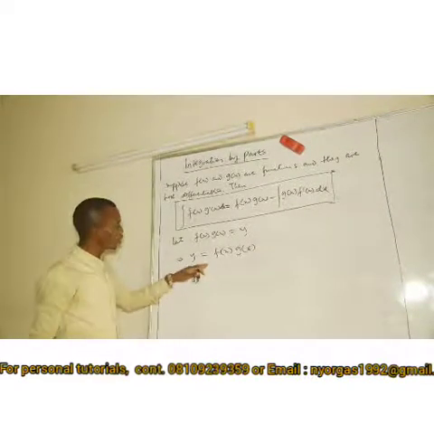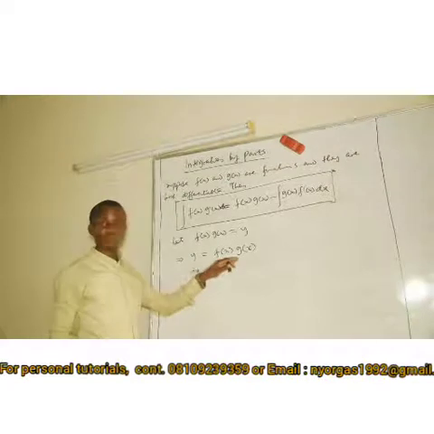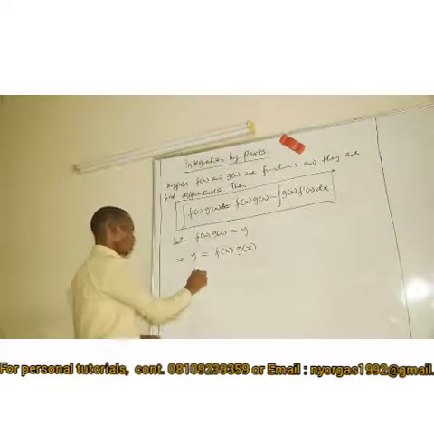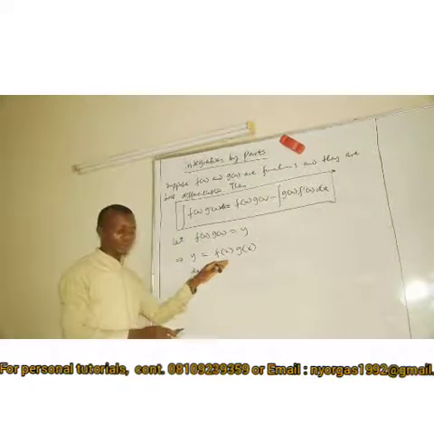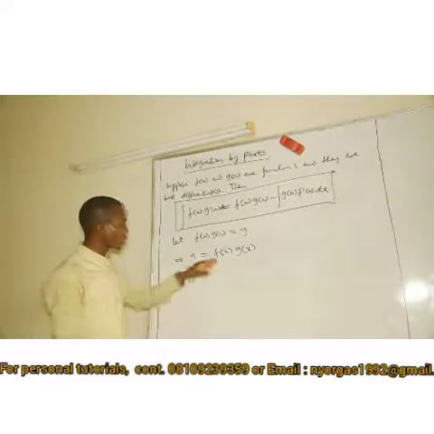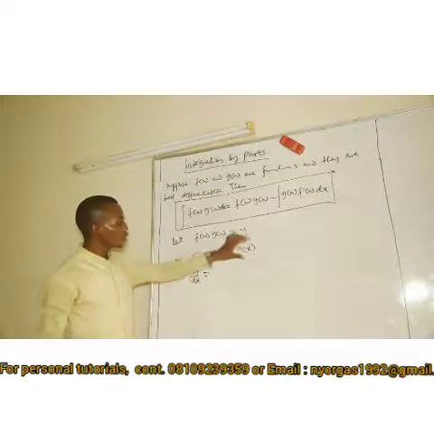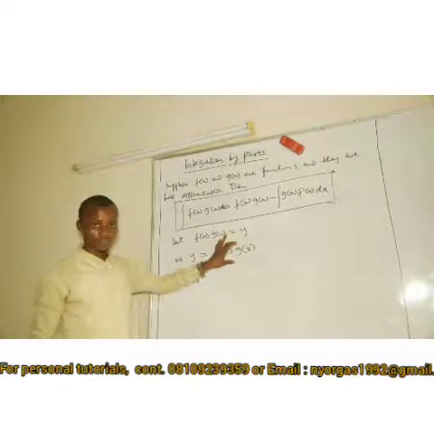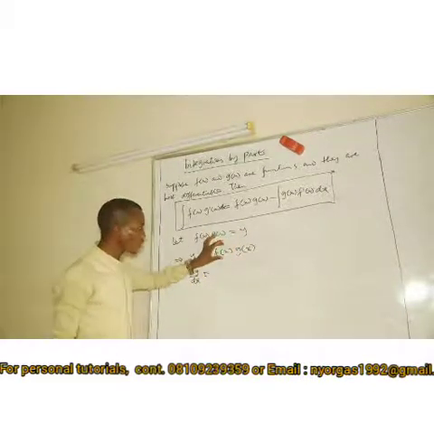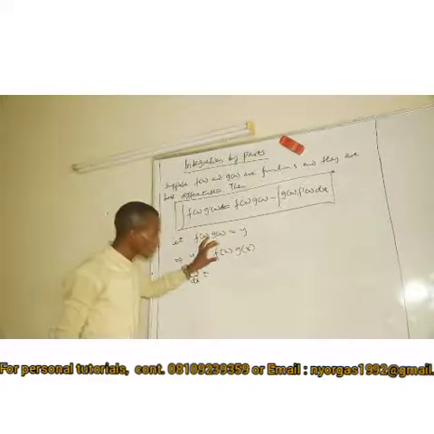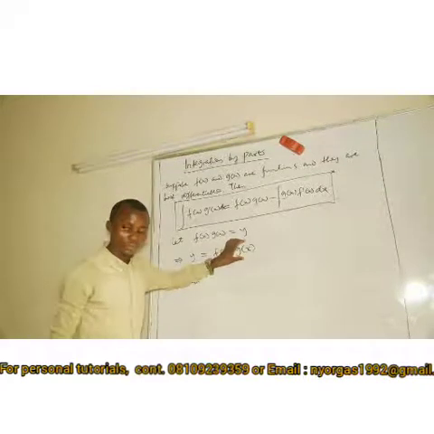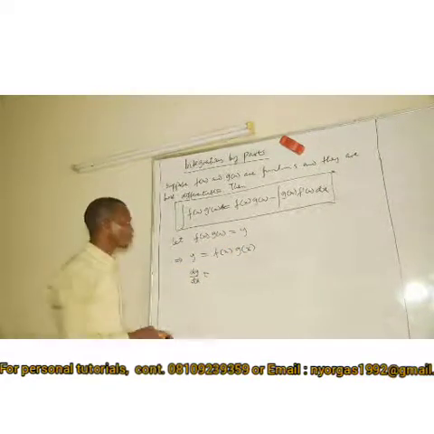You are differentiating with respect to x, that is why we have dy over dx. Now, this is the product rule. The product rule tells us that if we are differentiating two functions, you differentiate one, keep the other constant, add the results, and differentiate the other one, keeping the first one constant.